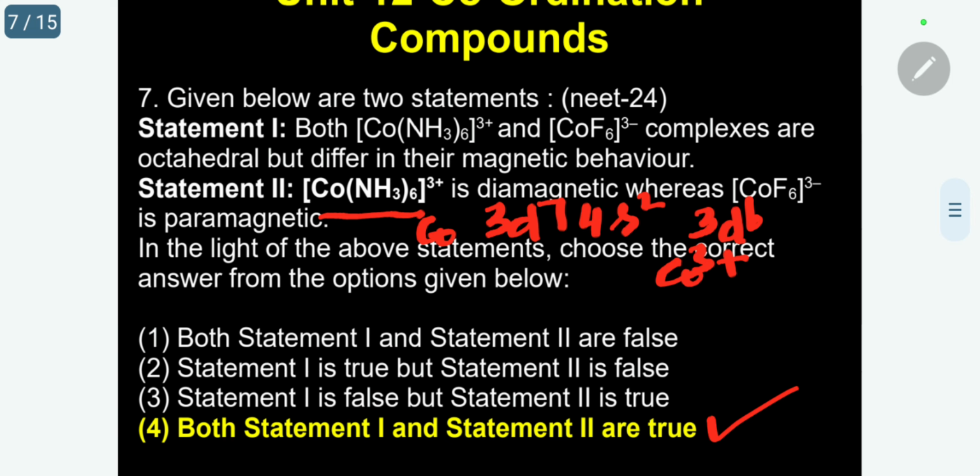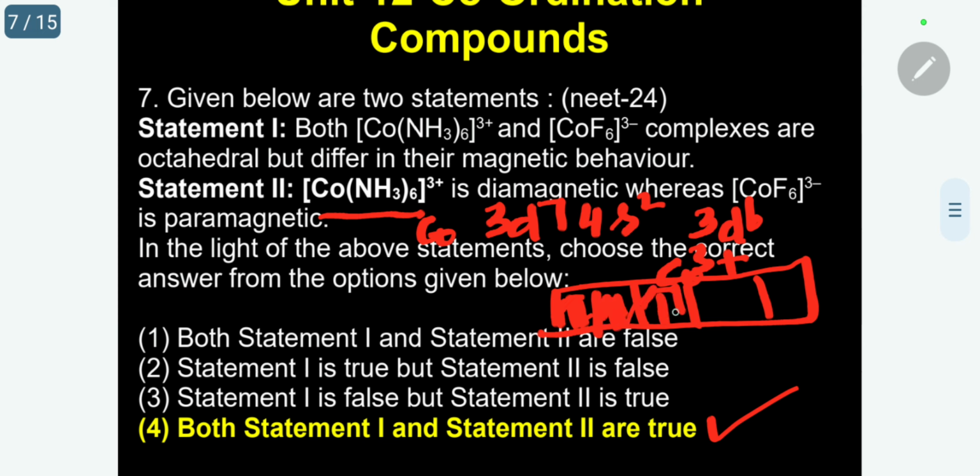It will pair all the 6 electrons into 3 pairs. So this is d2sp3 hybridization.